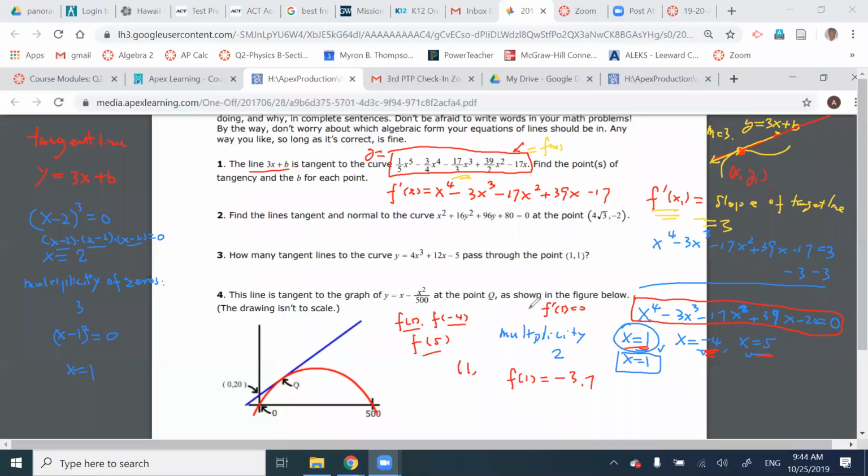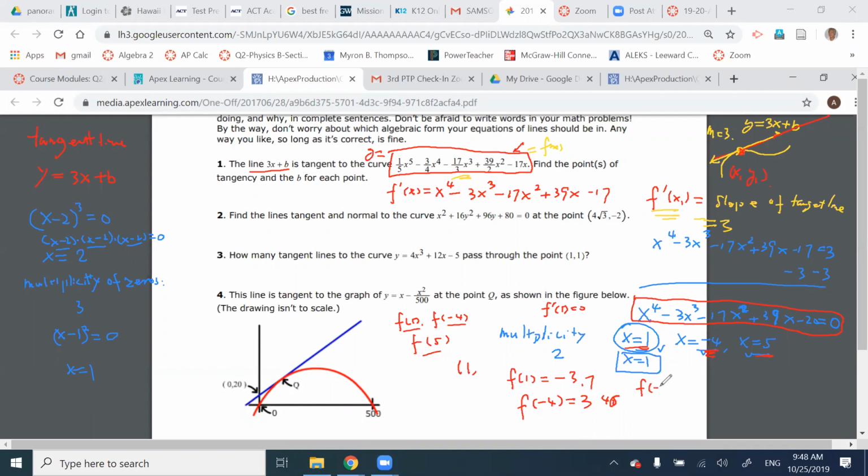So you have F1 equals negative 3.7. How about you need to find F of negative 4? You go like this one here, negative 4. Have you got 345 or 346? Let me see. We have F of negative 4 equals 345.